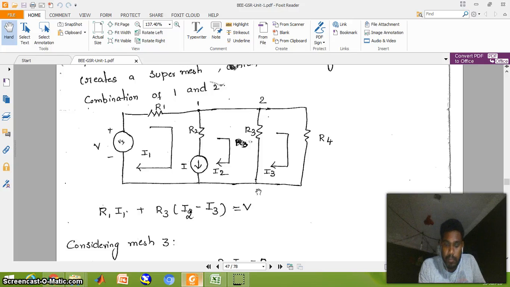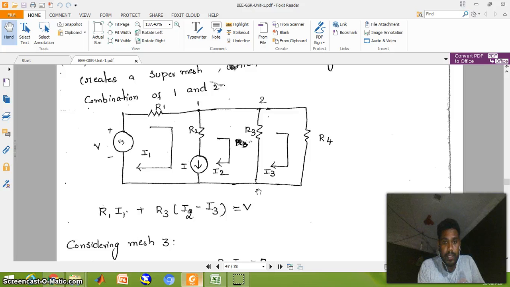So in mesh analysis we apply KVL. So apply KVL in loop 1, but one current source is connected between mesh 1 and mesh 2, loop 1 and loop 2. So at the current source we can't write the voltage value.